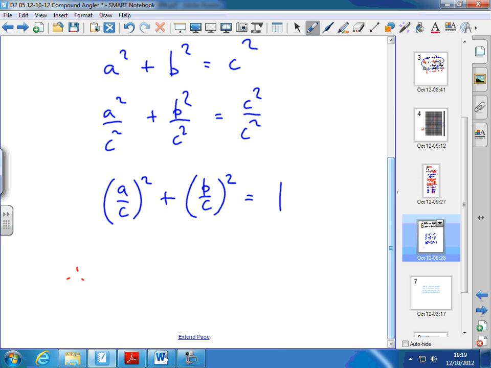So therefore, the cosine of theta squared, note the way we write that, cos theta squared. If I want to show that the whole thing is squared, I would just put a little 2 by the cosine, cos squared theta, plus, how could I write b over c?